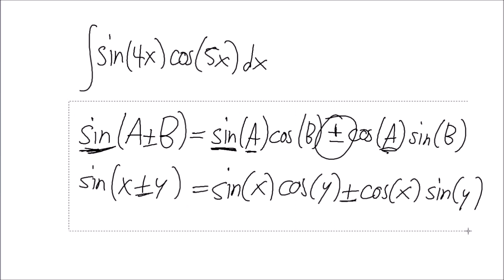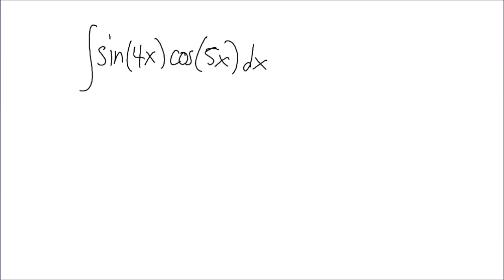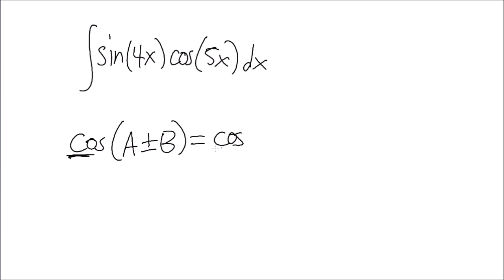For the next trig identity, cosine, I'm going to do the same thing, plus or minus a plus or minus b. Now that we have cosine, we're going to start with cosine. Okay, just a good memory trick.